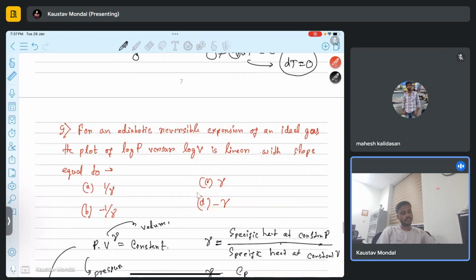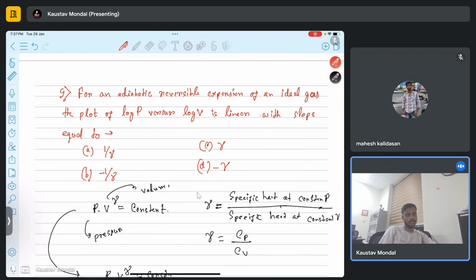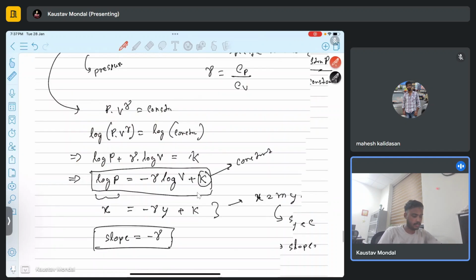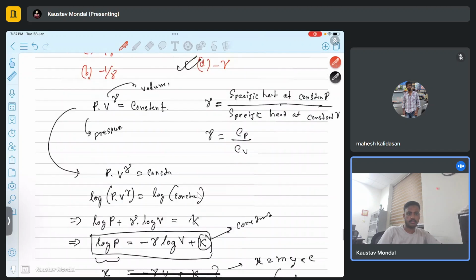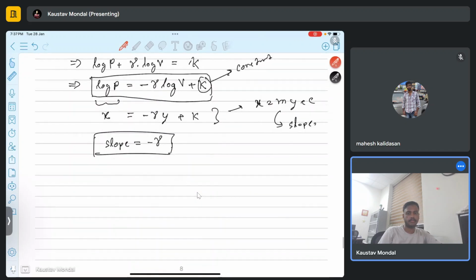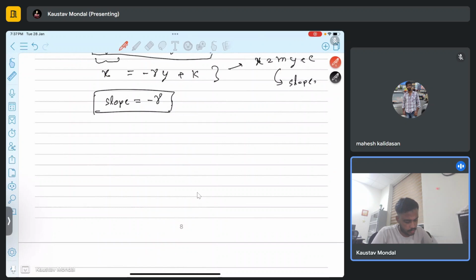So you understand, right? Here the correct answer is minus gamma. This would be the correct answer. Fine. Then this is problem number 9. Now comes problem number 10.